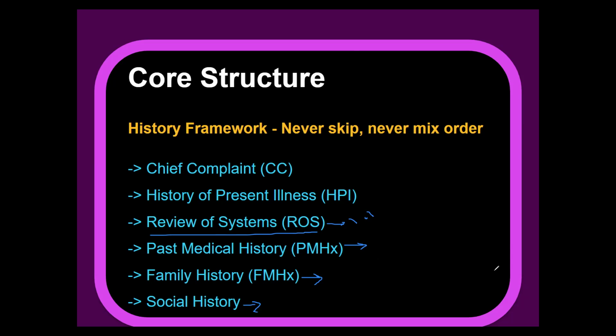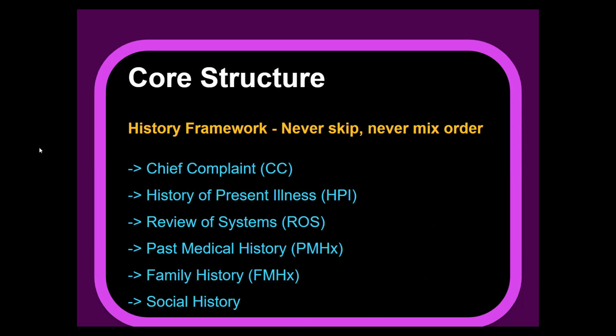In social history, they usually want you to cover alcohol, drugs, smoking, and depending on the presentation, sexual habits, safety, etc. These are some of the things that you cover in social history, their living situation, their economic condition. These are things that you would cover for patients, especially if they are psychiatric patients.